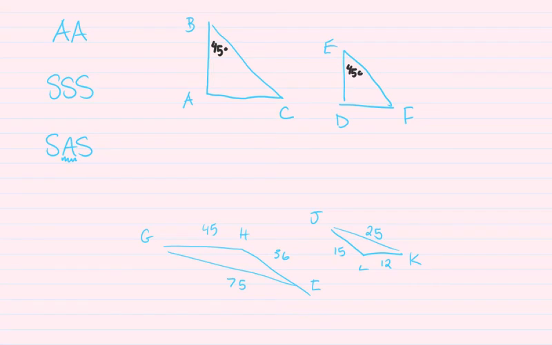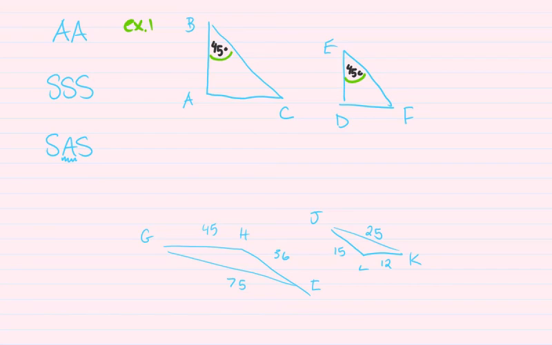Okay, so in our first example here, this is example 1, I have 2 triangles, A, B, C, and D, E, F, and quite frankly, they look similar. However, I need to see if I have enough information. So right away, I do know that they have one angle congruent, and that's awesome. However, I don't have any other pieces of information and no other way of finding anything.